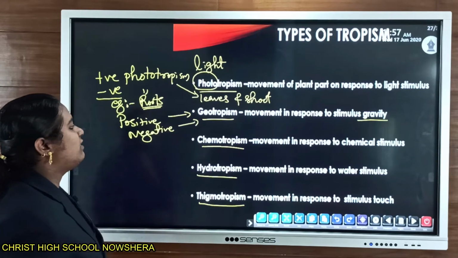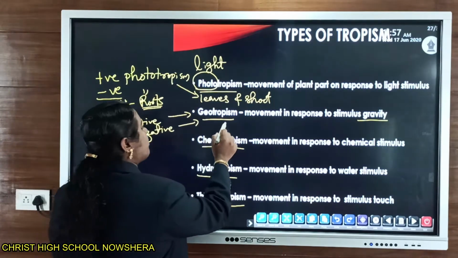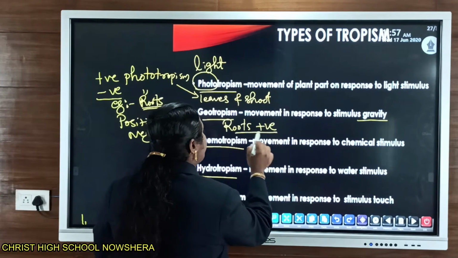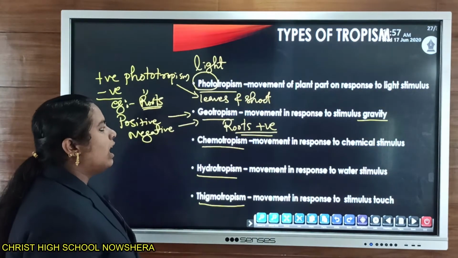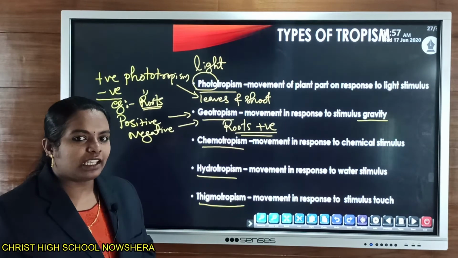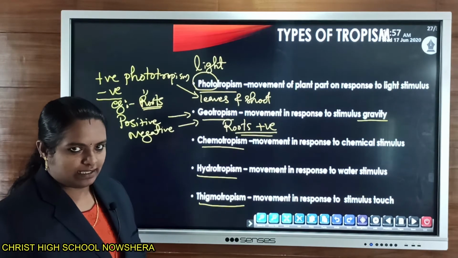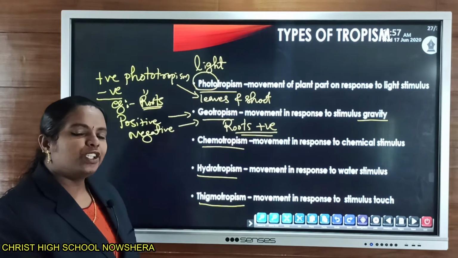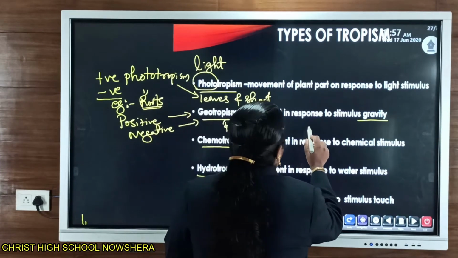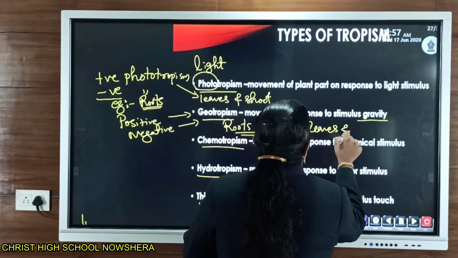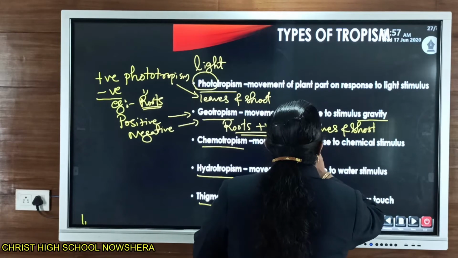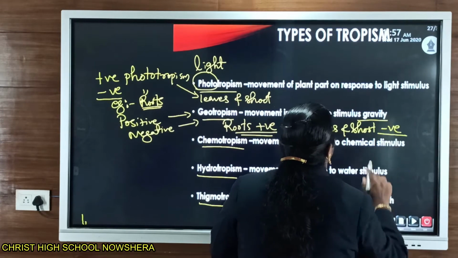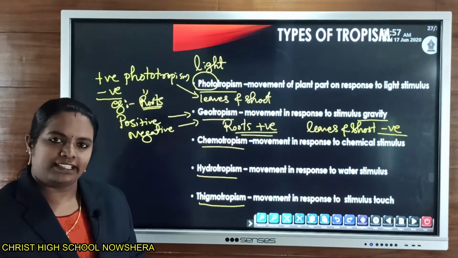In positive geotropism, roots normally move towards the stimulus, like gravity. On the other hand, the shoot system, the leaves and shoot, is just the opposite: they are negatively geotropic in nature.